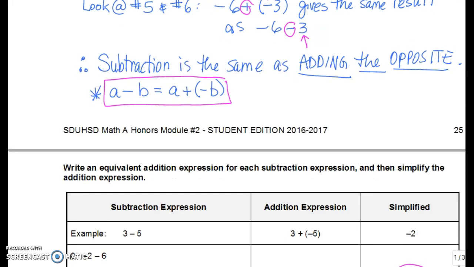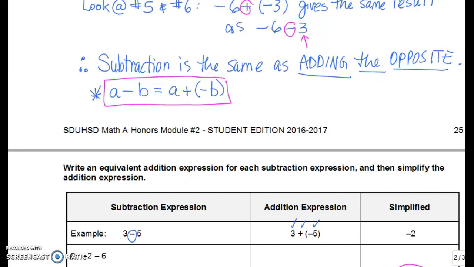These instructions say, write an equivalent addition expression for each subtraction expression, and then simplify the addition expression. All right, so here's an example, 3 minus 5. We're going to circle the operation. We're going to change this subtraction expression to an addition expression. 3 stays 3. The minus sign becomes a plus sign, and the positive 5 becomes a -5. 3 plus -5 is -2.